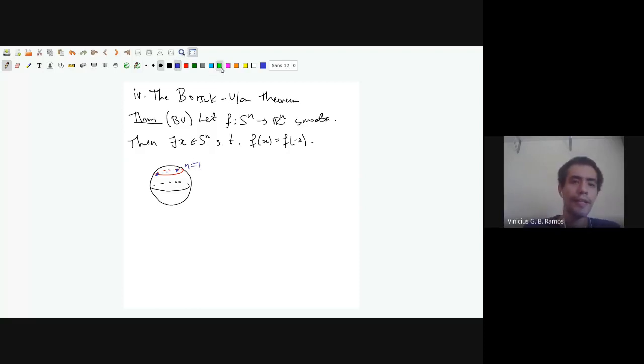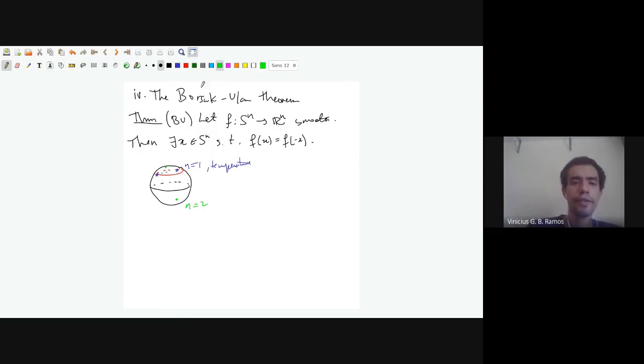And if you want to apply this for n equals 2, then you can take a function that is not just the temperature, but the temperature and the pressure, for example. And you can find 2 opposite points on the Earth that have the same pressure and temperature. So for n equals 1, you just fix one thing, say temperature.